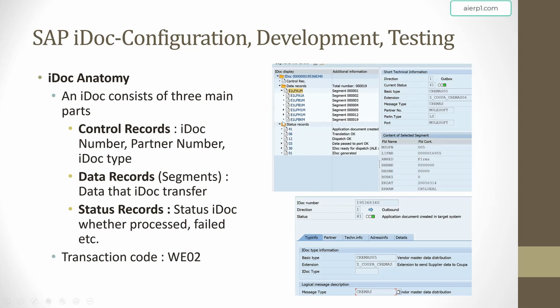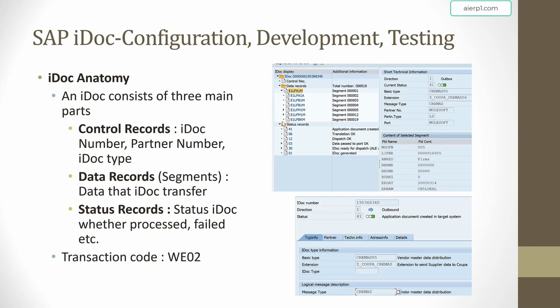So iDoc is divided into three parts: control records, data records, and status records. Control records give the iDoc number, its partner number, which is the identification for system 1, SAP system 1, and then another system, which is SAP system 2, or another delivery address.